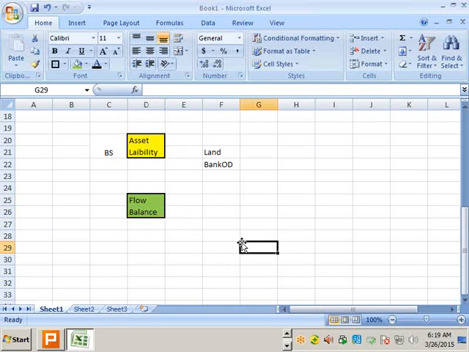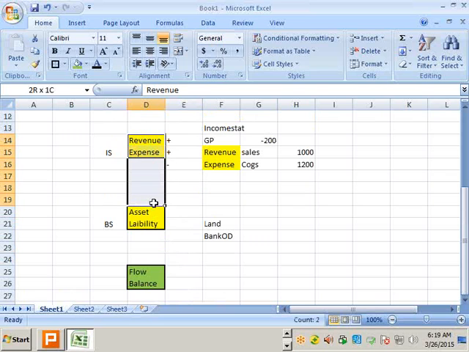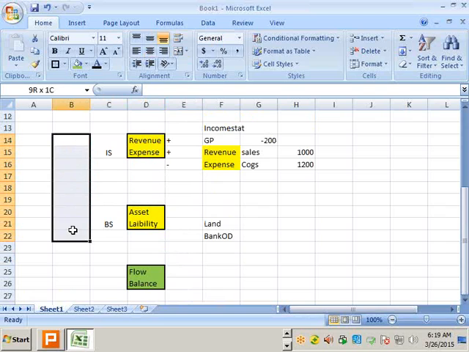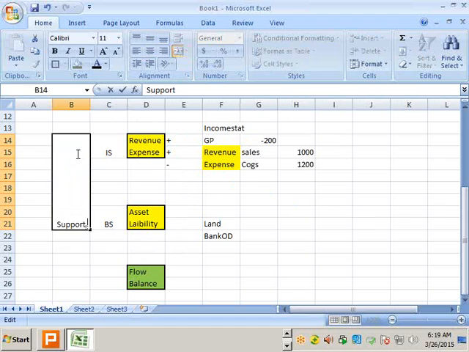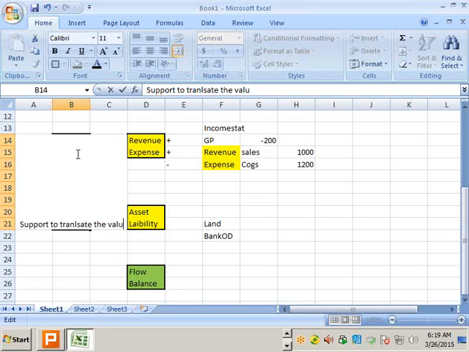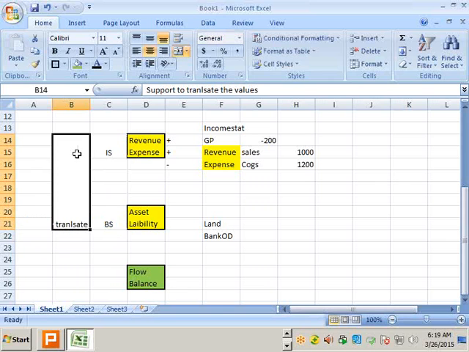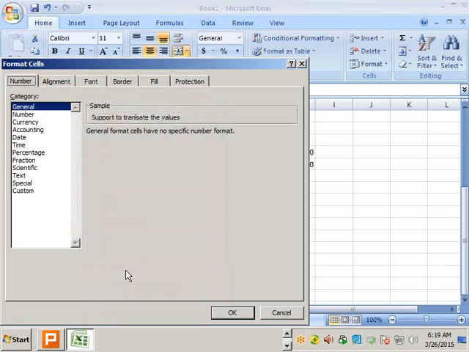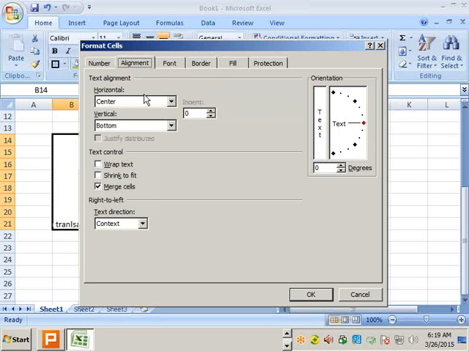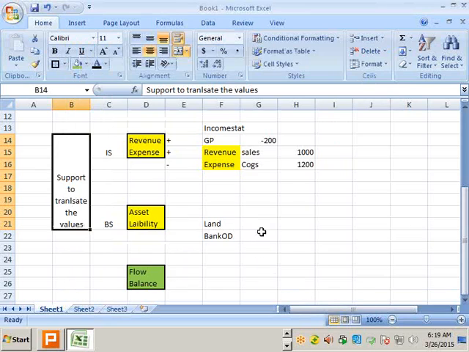These four account types are supported to translate the data from one currency to another currency, that means from one entity to another entity.